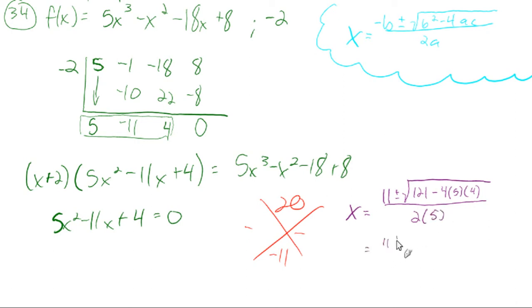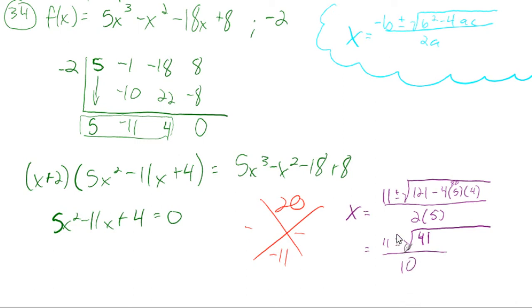It's 11 plus or minus the square root of, okay, so we got 121 minus 4 times 5, that's 20, times 4 is 80. So we have 80 here. So 121 minus 80 is going to be 41. Over 10. Okay, and there you go.